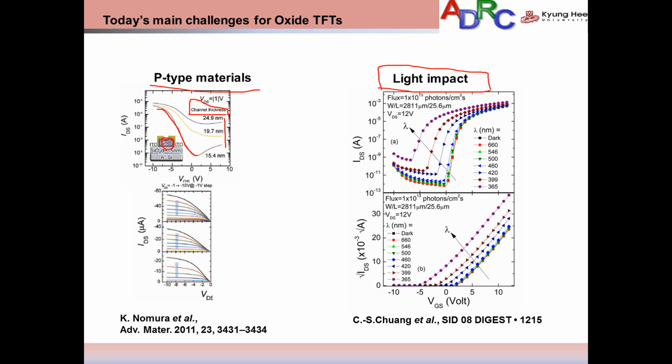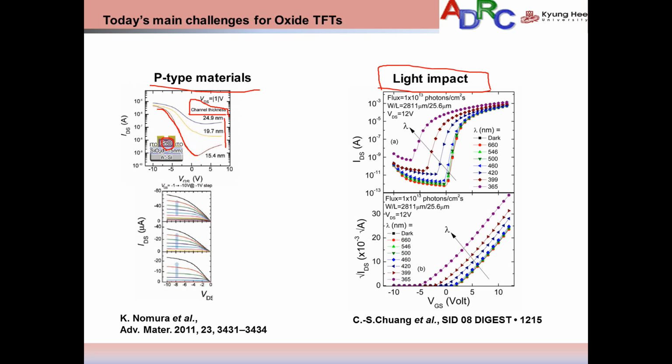And also one of the main issues is the light effect. Why? Well, the why is actually not very well understood, even though it's a question of diffusion of the different electrons and holes which are generated from the light.